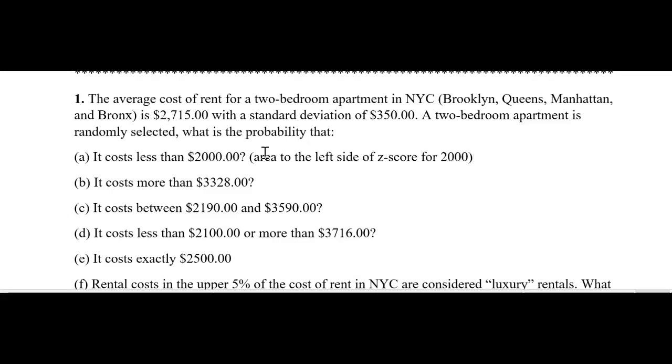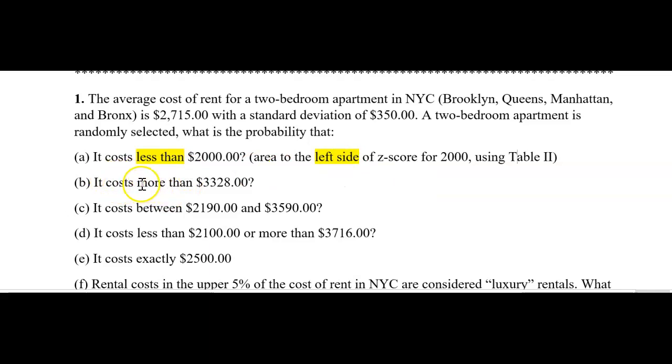Just like in the previous lesson, you will find the z-score for 2000, and since it's less than, that means it's the area on the left. And then you find the area using table 2.